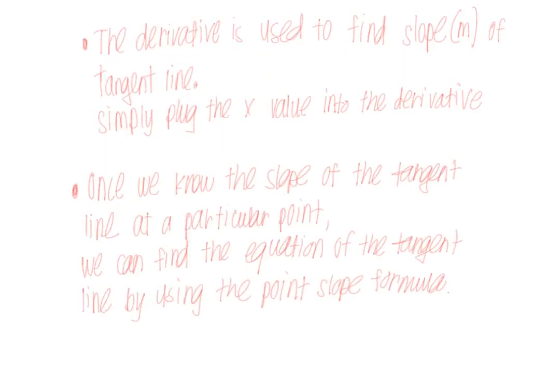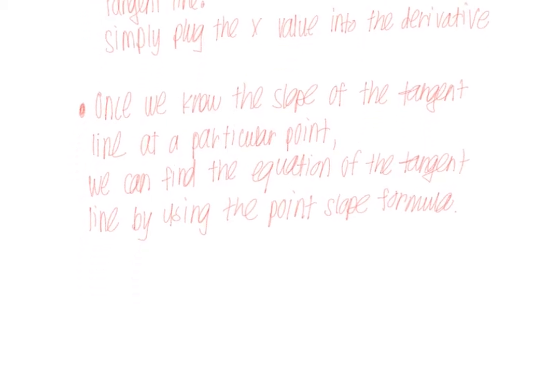Once we know the slope of the tangent line from this step right here, once we know the slope at a particular point, because we plugged that x value in, we can find the equation of that tangent line by using the point slope formula. And the point slope formula says y minus y sub 1 equals the slope times x minus x sub 1.